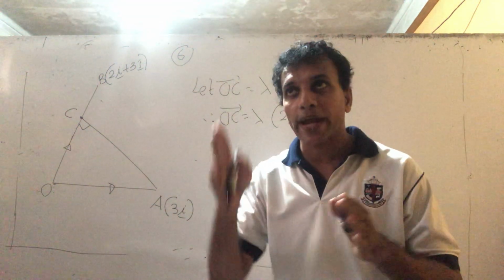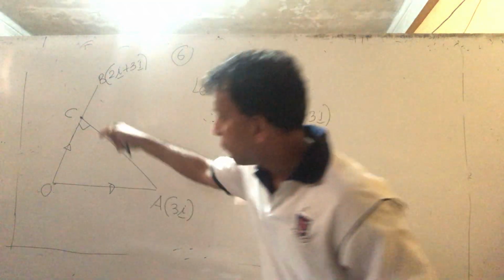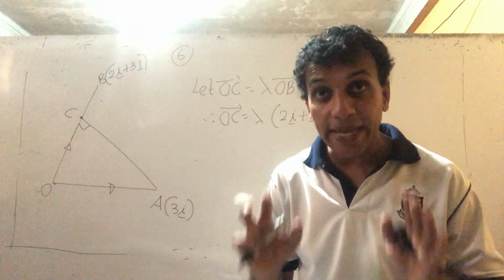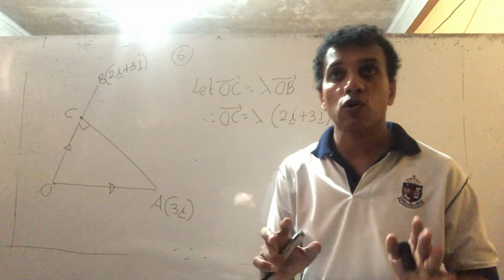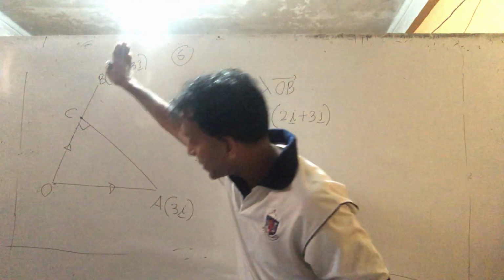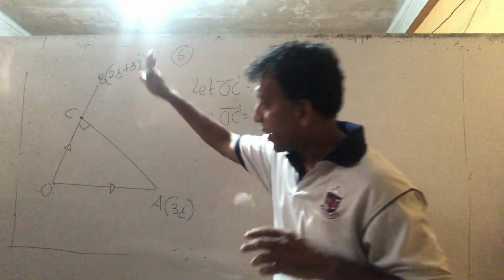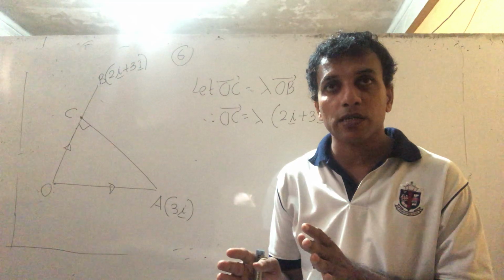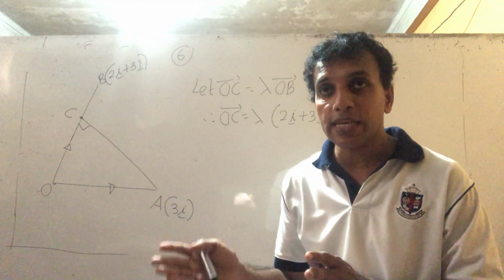If you take the product of these two, it becomes cos 90, and cos 90 is 0. So vector CO and CA, if you take the scalar product, the answer is 0.